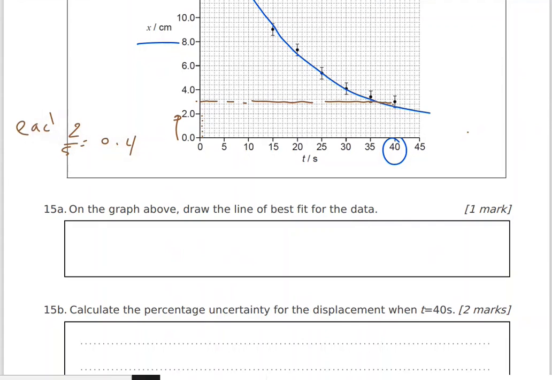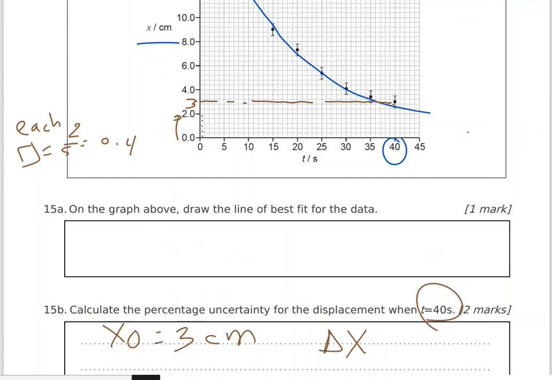Each square in the vertical direction represents 0.4. Here we have around 2.5 squares, 2.5 times 0.4 gives us 1. So 2 plus 1 is 3. The value of x at t equals 40 will be 3 centimeter.